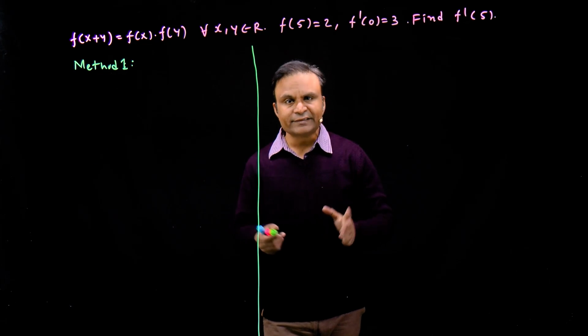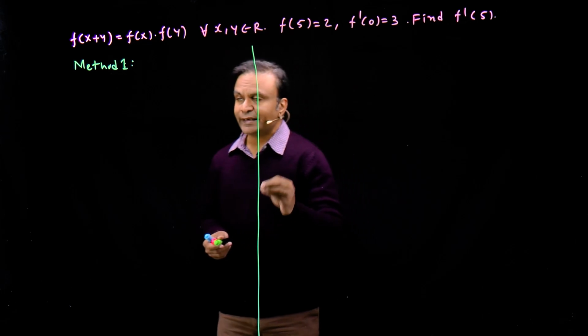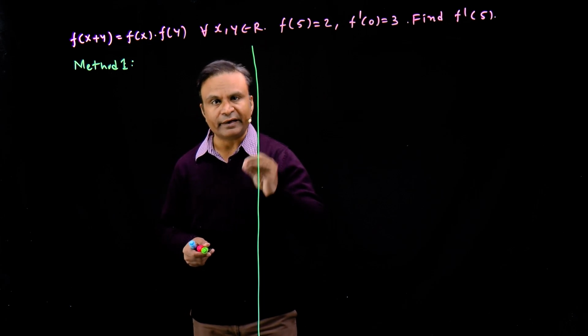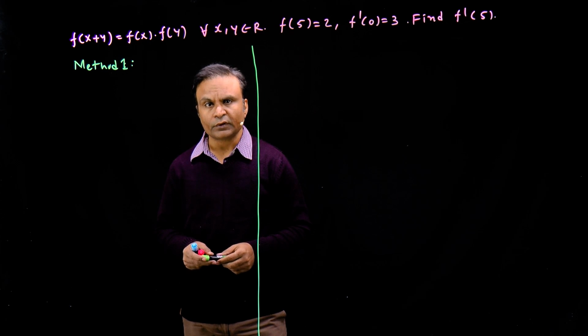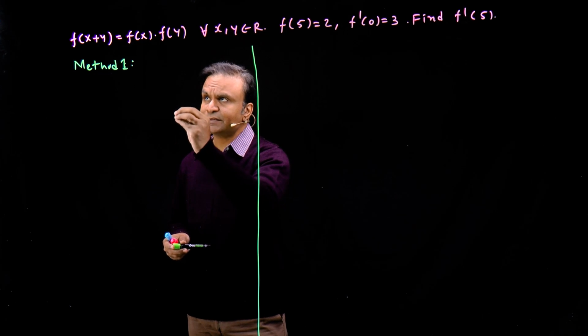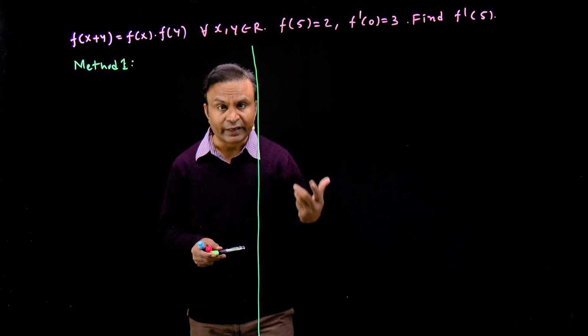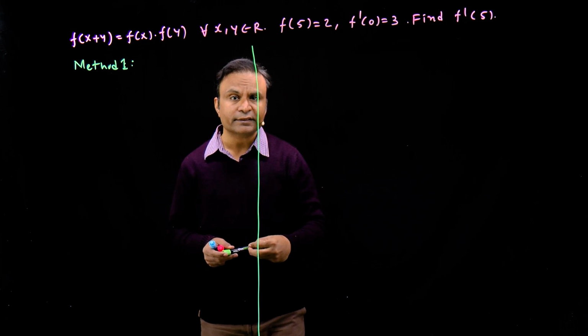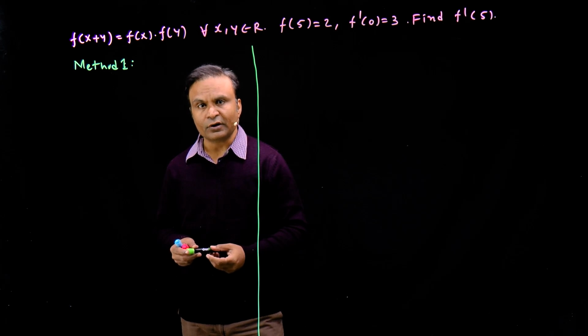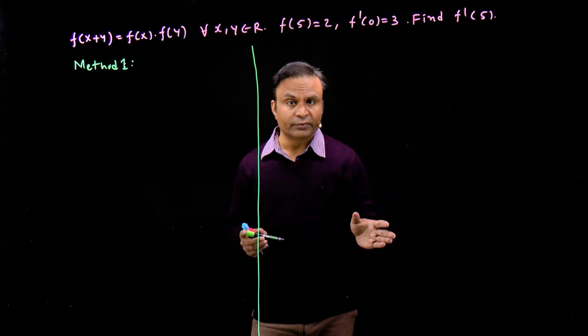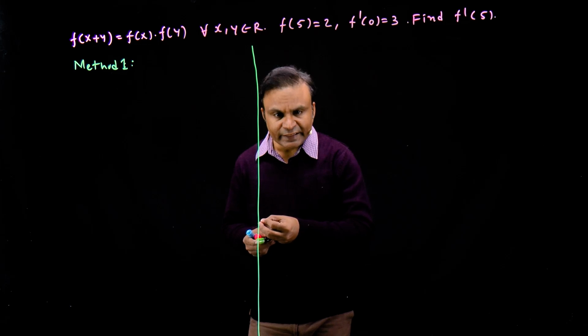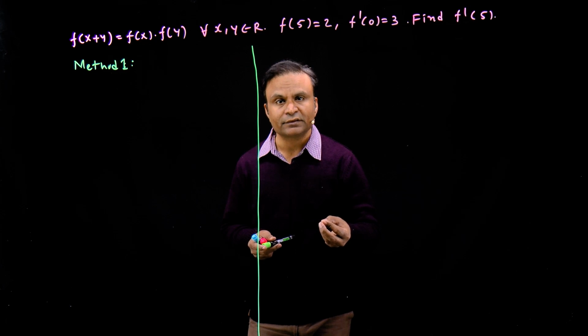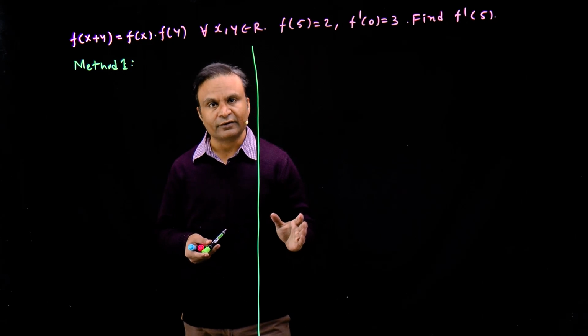So we can say here x and y are independent variables. So when I differentiate this equation with respect to x, I can consider y as constant. However, y is variable, but when I change the value of x, there will be no effect on the value of y.